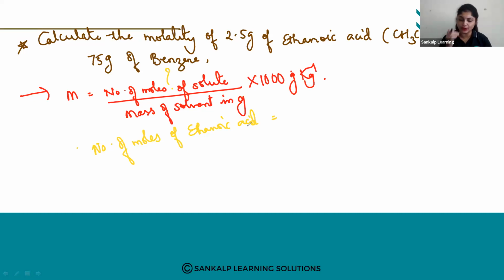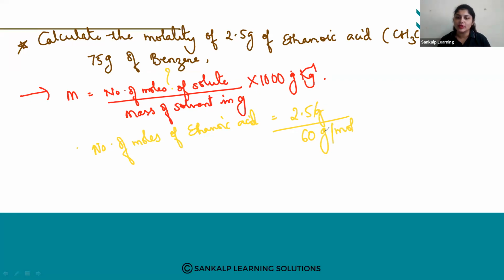How do you find it? You should also calculate. Yes, 60 is the molar mass. The number of moles of ethanoic acid is given by 2.5 grams divided by the molar mass, 60 gram per mole.